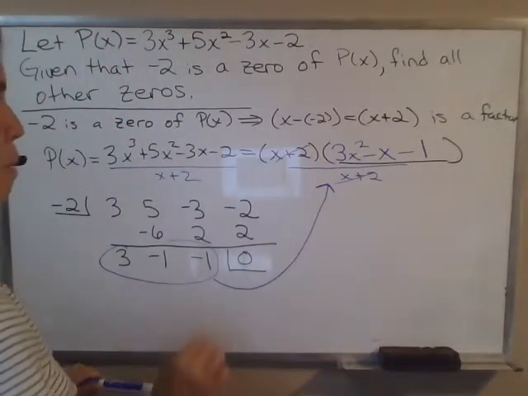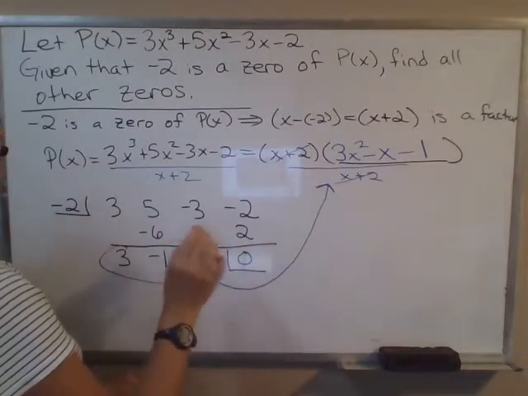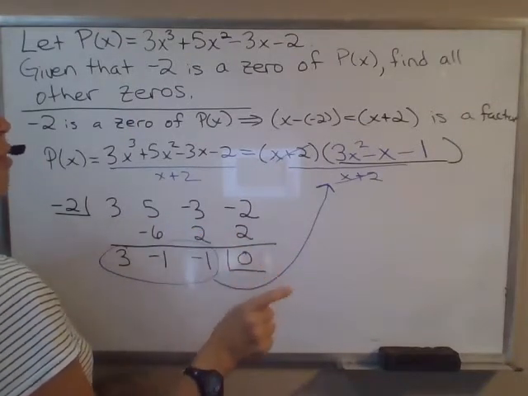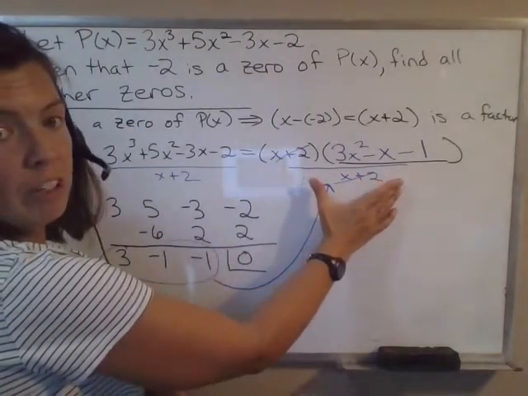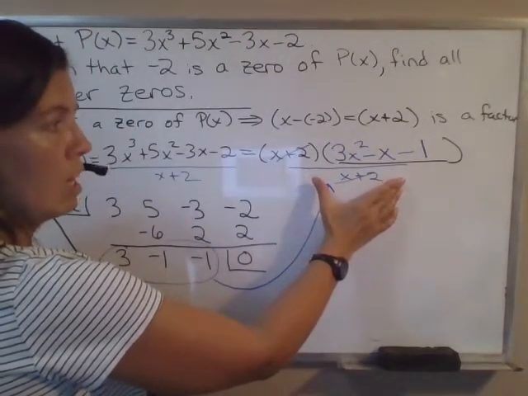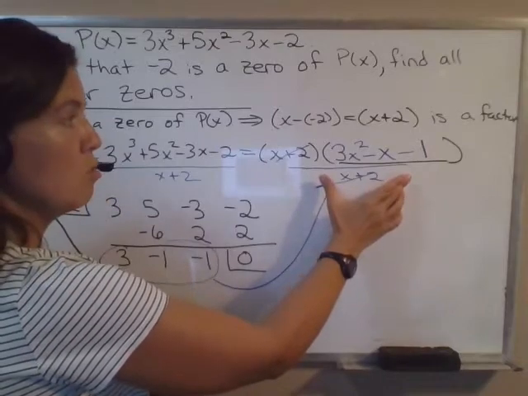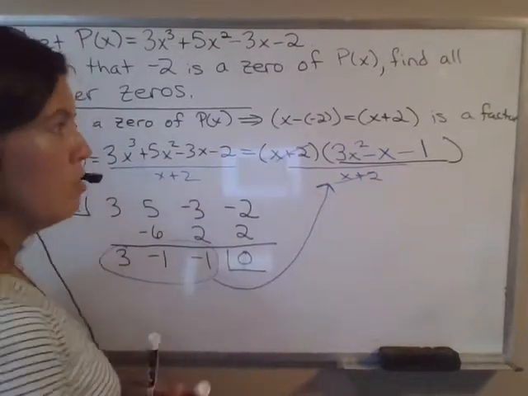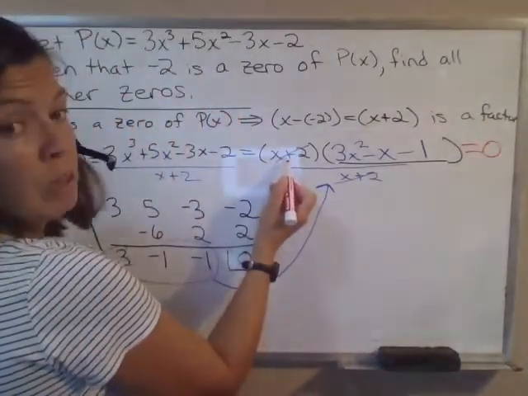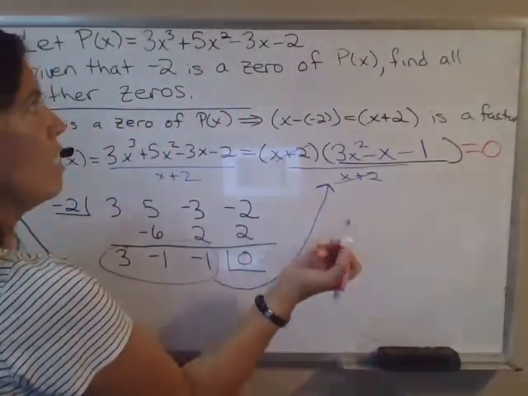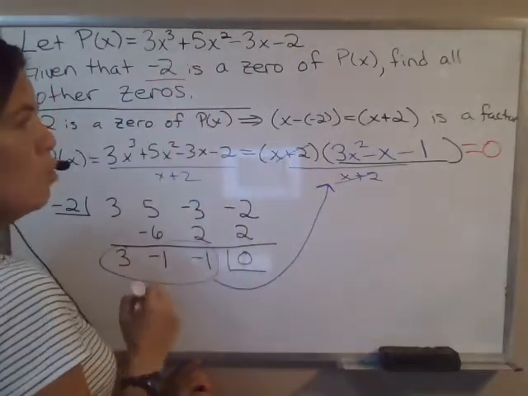Now, remember, the overall goal was to find all of the other zeros of this polynomial. So p of x, we know now, can be factored in this form, x plus 2 times 3x squared minus x minus 1. If we set that equal to 0, well, we could set x plus 2 equal to 0 by itself. We're going to get x equals negative 2, which is the solution that we already knew about.